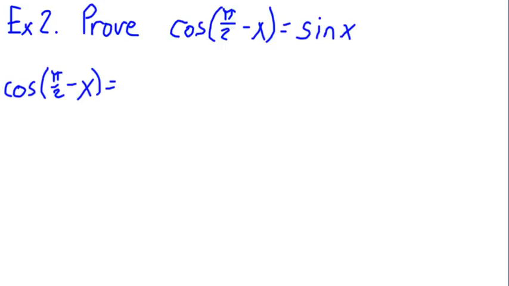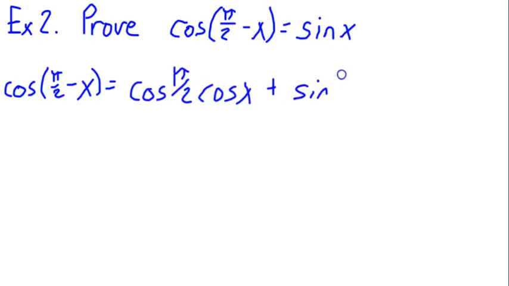Example 2, we want to prove the cosine of pi over 2 minus x is equal to sine x. So again, we're going to use that same identity we did in the last problem. So this simplifies down to the cosine of pi over 2 times the cosine of x plus the sine of pi over 2 times sine of x.